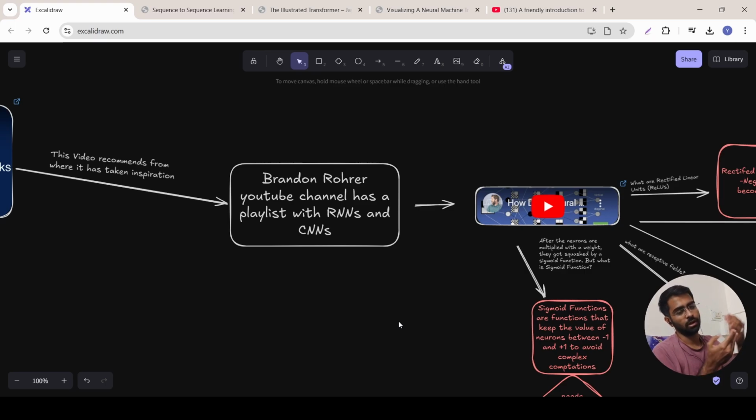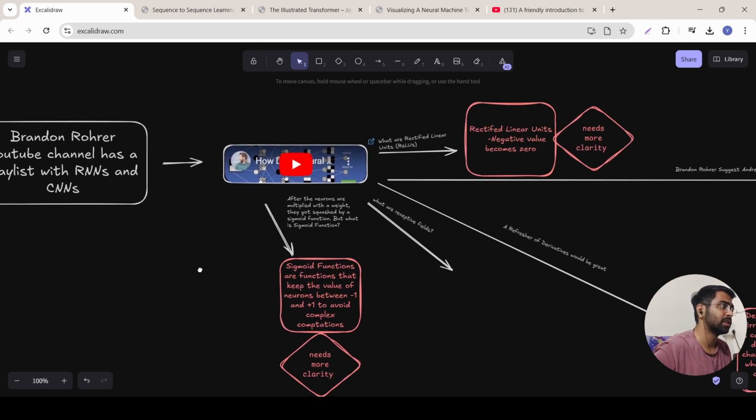So you're seeing it, right? We are getting one step closer, closer, closer. We are drilling it down. We started with transformers. We went through sequence to sequence models. We went through RNNs, and now we have CNNs.